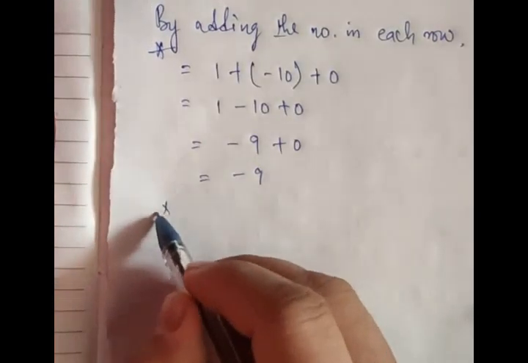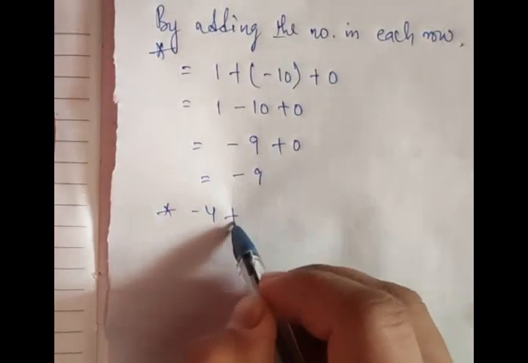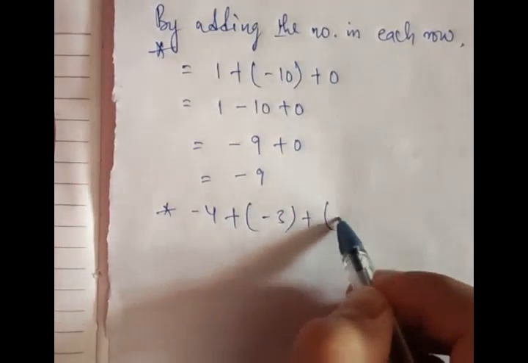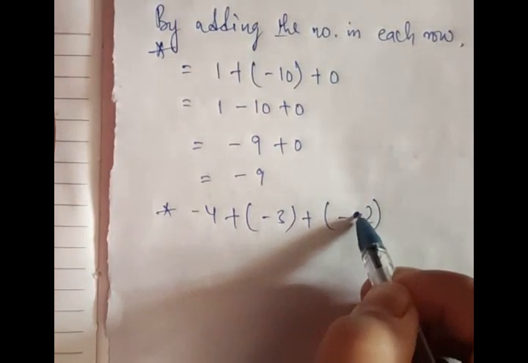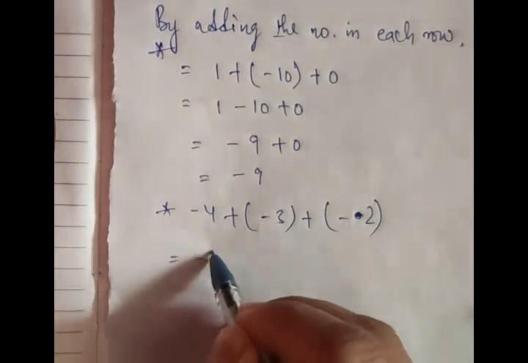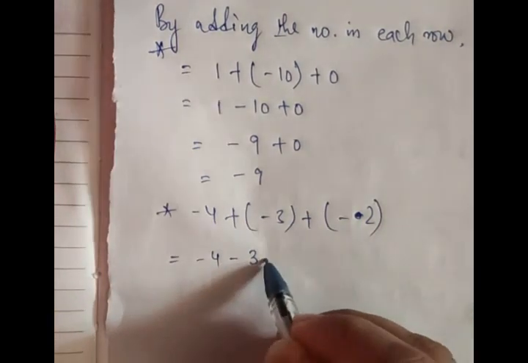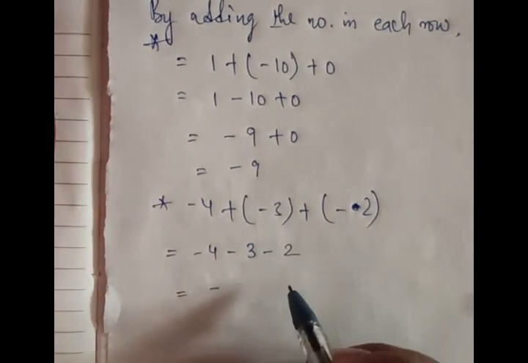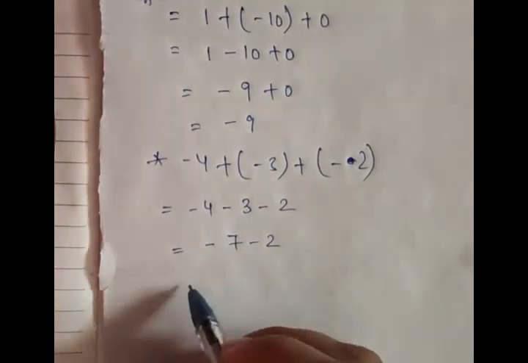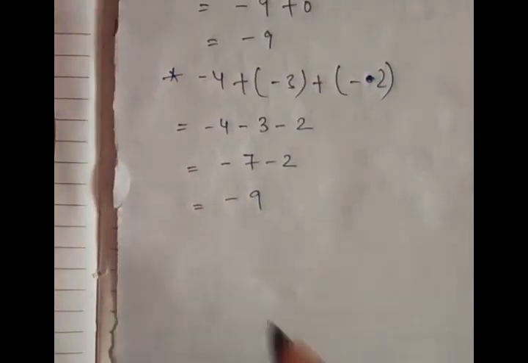Second row, minus 4 plus minus 3 plus minus 2, right? Minus 4 minus 3 minus 2, it will be minus 7 minus 2, is equal to minus 9. Okay, we have got the same number here.